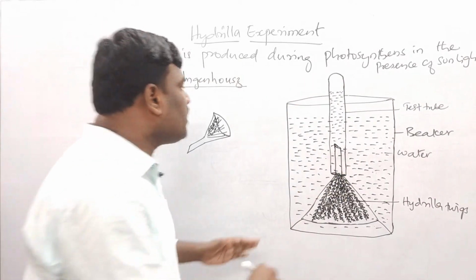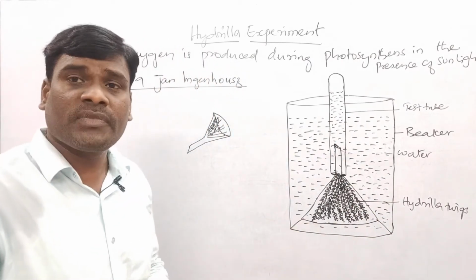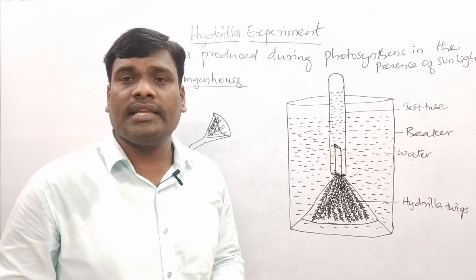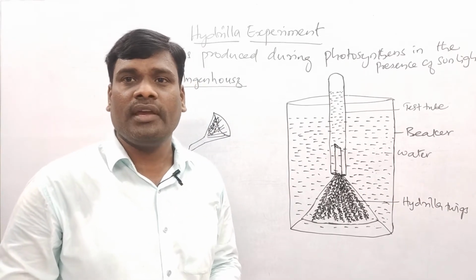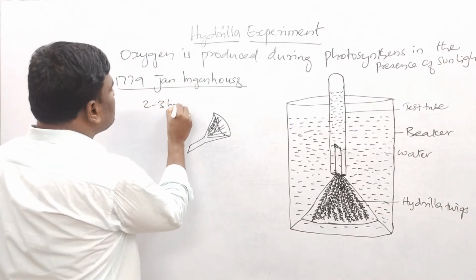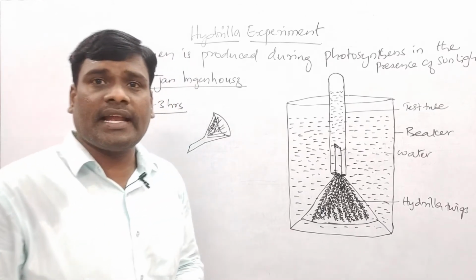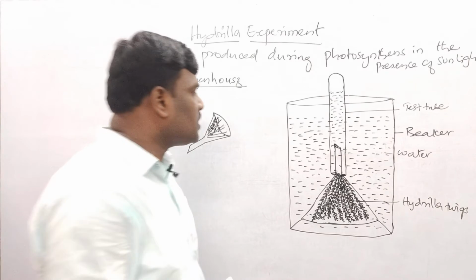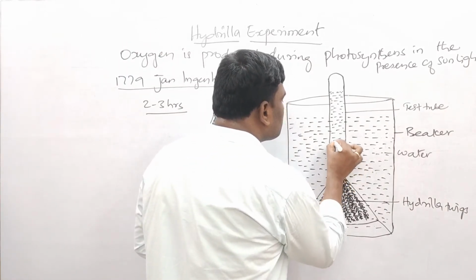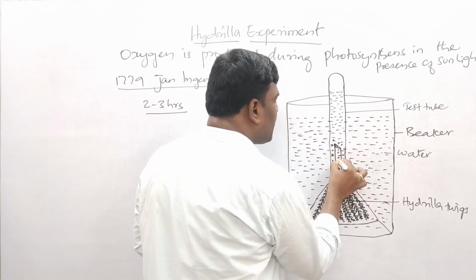Okay, after arranging the whole apparatus in this way, we have to place this whole apparatus in the sunlight children. Okay, for 2 to 3 hours we need to place it in the sunlight. After placing it in the sunlight children, we observe air bubbles coming from the Hydrilla twigs children.